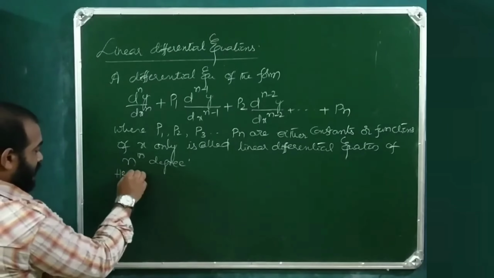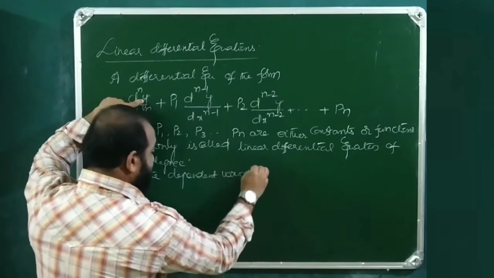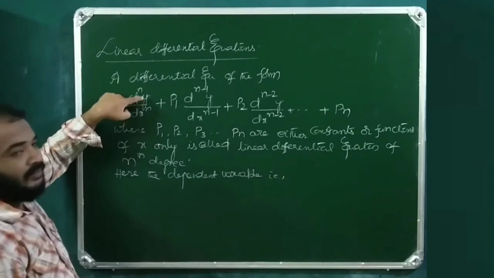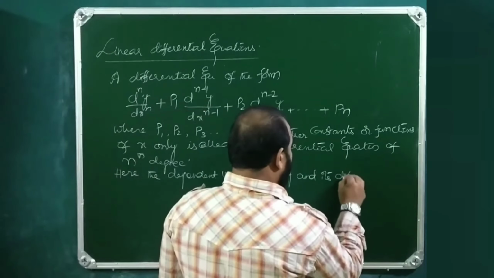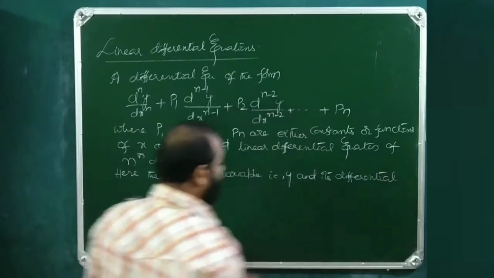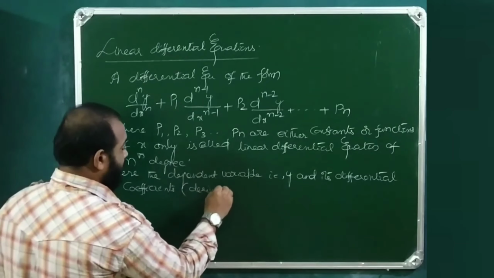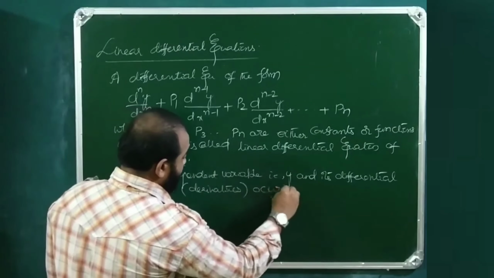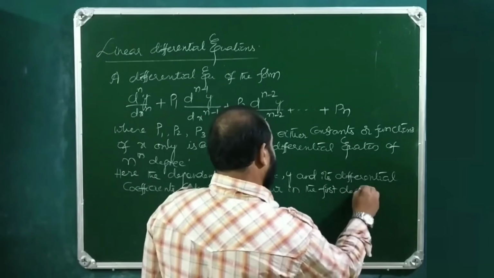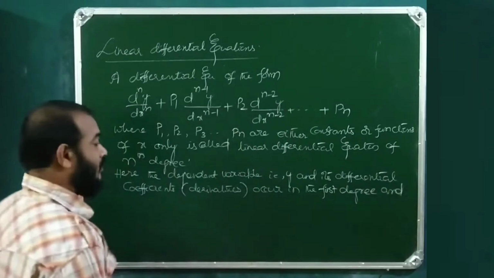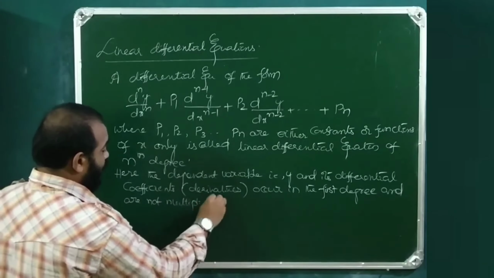Here, the dependent variable, that is, what is the dependent variable here? y, and its differential coefficients, also called derivatives, occur in the first degree and are not multiplied together.